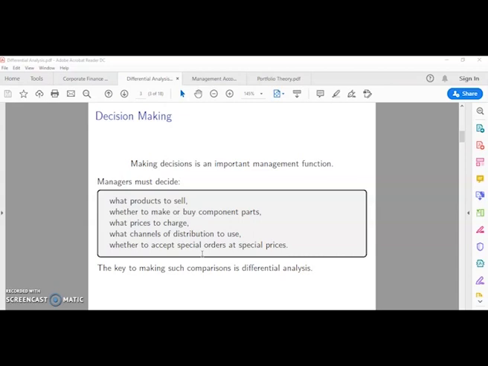So sometimes it's more beneficial for them to just buy it from other companies. Therefore, the manager needs to decide whether to make or buy the component parts, or they have to decide what price to charge. This is a very challenging decision because it affects the company in different ways.